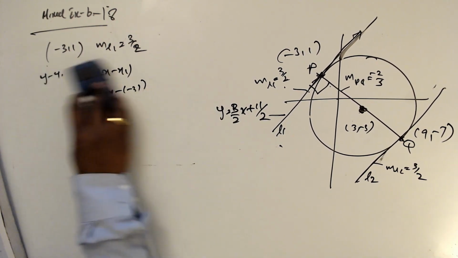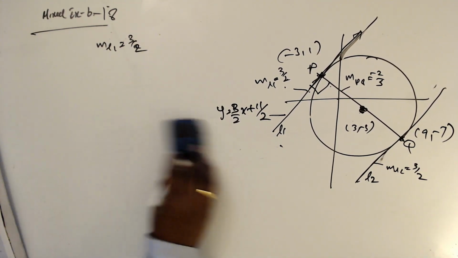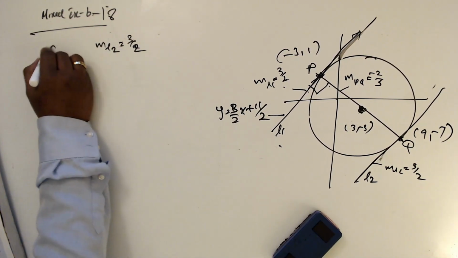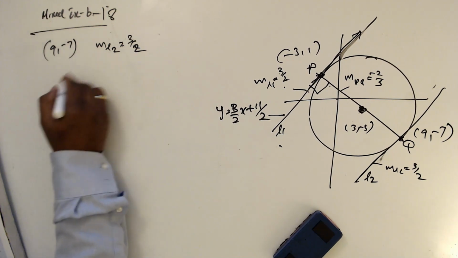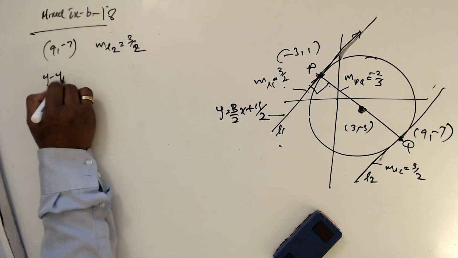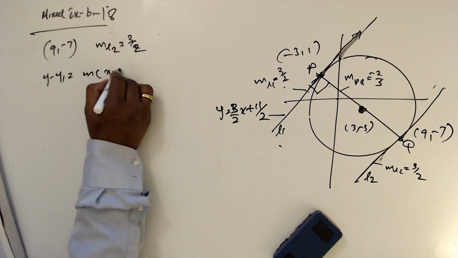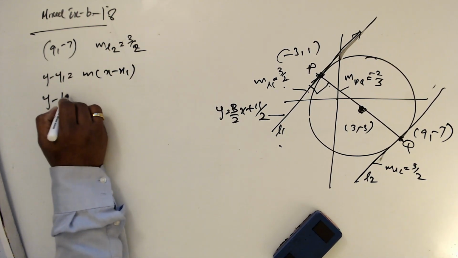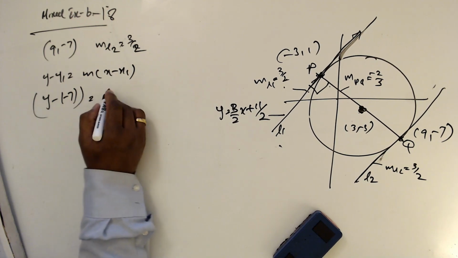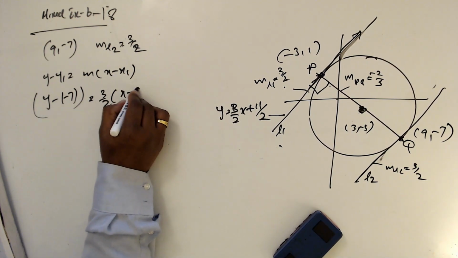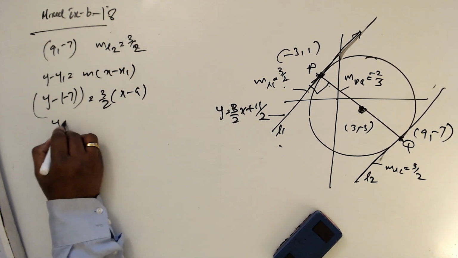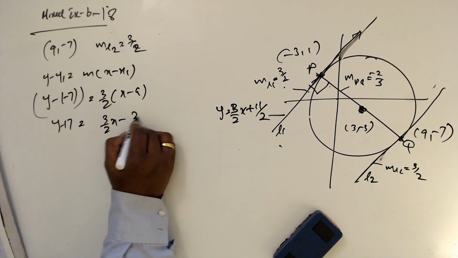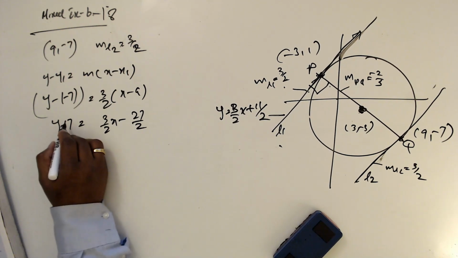Now the other one. The gradient is 3 over 2 as it is, and the point is (9, minus 7). So y minus y1 equals m times x minus x1. So y minus minus 7 equals 3 over 2 times x minus 9. So y plus 7 equals 3 over 2 x minus 27 over 2.